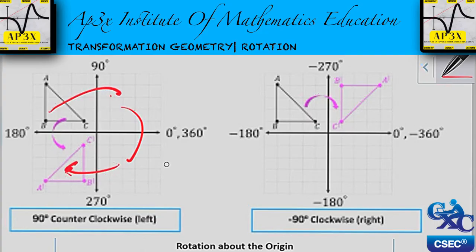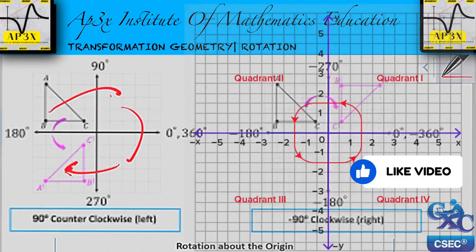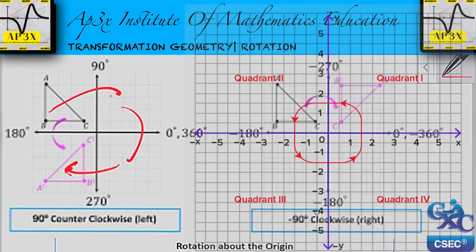So I can get to this position by changing the angle of rotation. If I change the direction of my rotation, then I have to change the angle of my rotation. Similarly over here, I got to this pink triangle by moving 90 degrees clockwise, but I could get to this position here by moving 270 degrees counterclockwise.